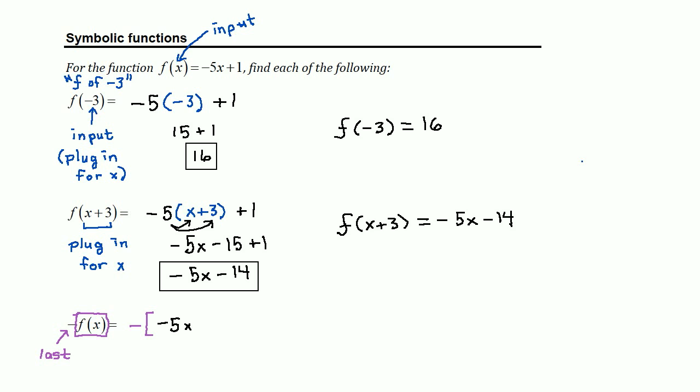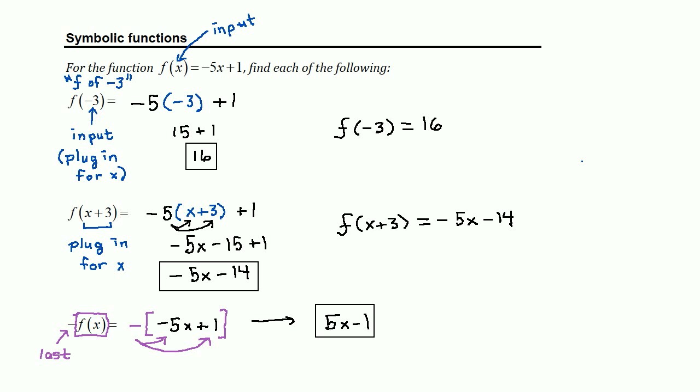And I'm not going to think about that minus sign until I'm done simplifying the inside of these brackets if necessary. In this case, since it's just f of x inside there, there's no extra simplifying that can really be done. So we'll bring in this minus sign using the distributive property, which will change the signs of both terms, and this becomes 5x minus 1, which again could be our final answer.